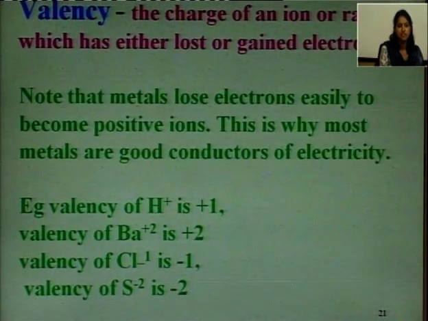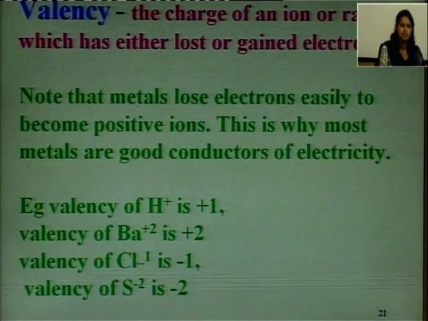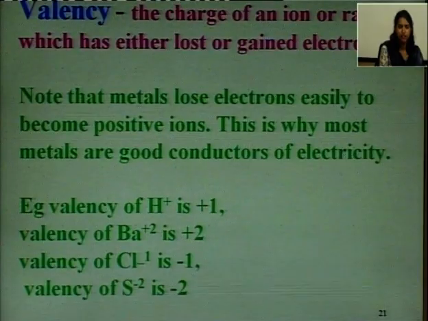So, what is valency? Another definition which we are going to discuss is valency. Valency is basically the combining capacity of an atom. The charge of an ion or a radical which has either lost or gained electrons, that is the valency. Note that metals lose electrons easily to become positive ions.